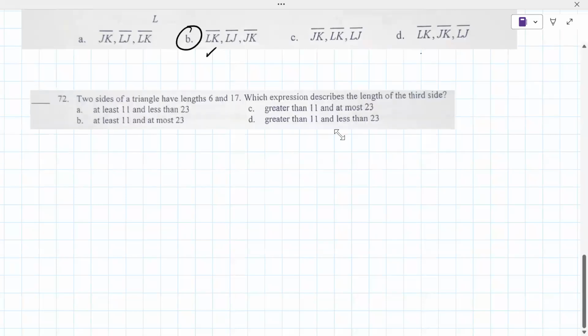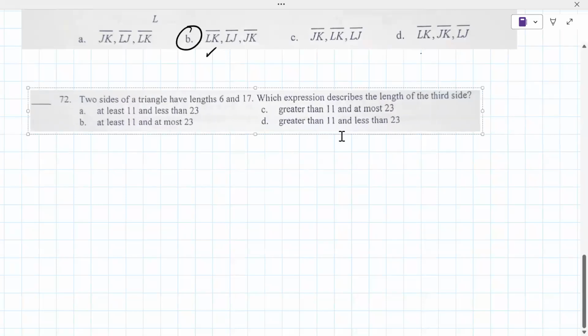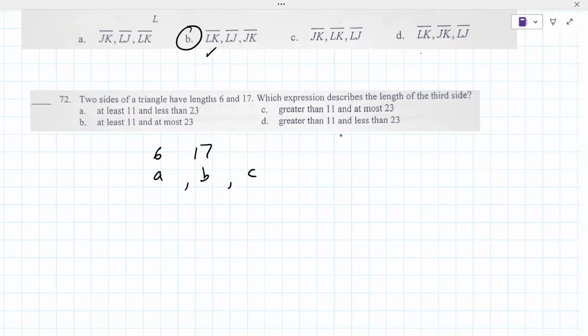So the way to do 72 is to remember that there are three sides, A, B, and C in a triangle. And let's first for a moment presume that A and B are the two smaller sides.